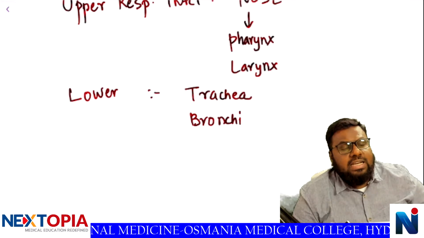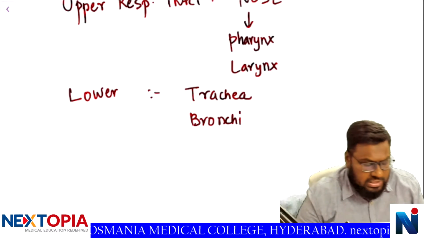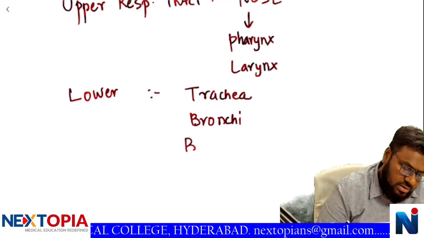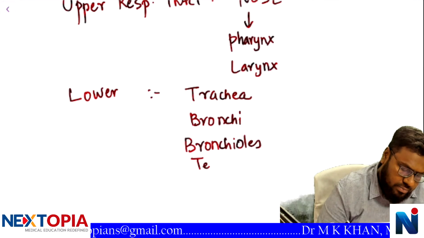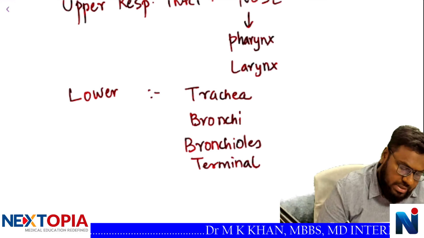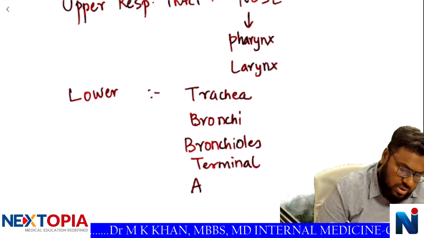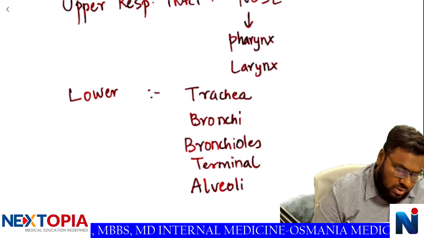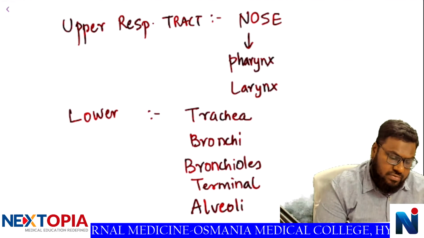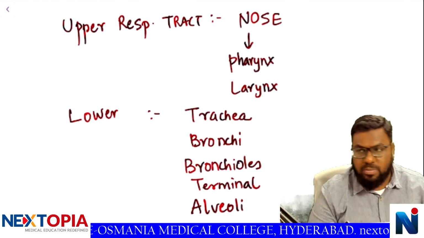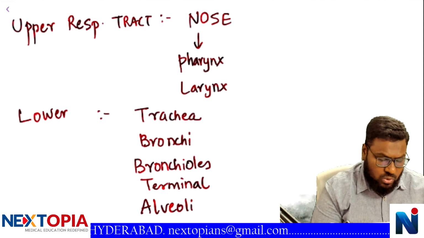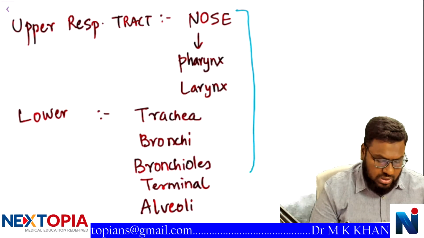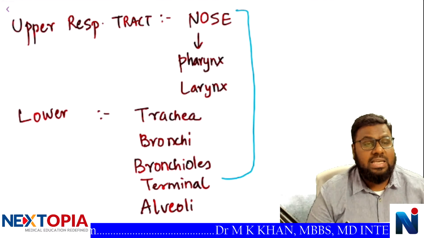All these parts are parts of the lower respiratory tract. This is the anatomical division. Functionally, from the nose till the terminal bronchioles, it is the conducting part.